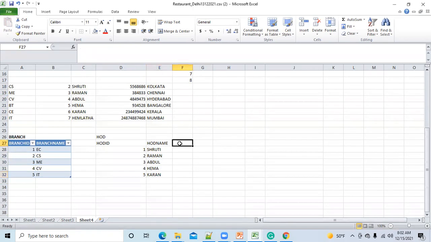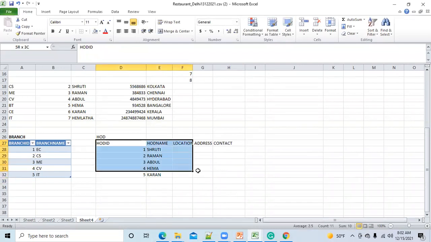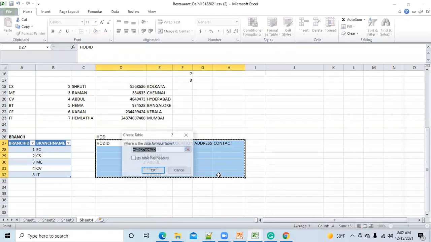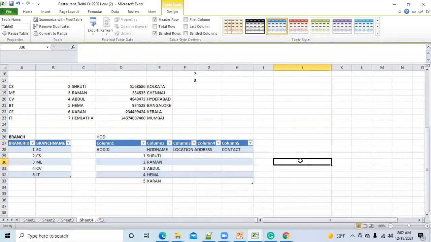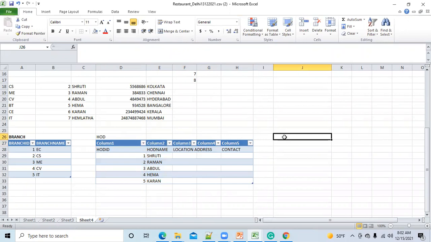And maybe I can take their location, address, contact. I can give the location, whatever it may be, address and contact. And then I can take semester. I can take those details and then I'll make a student table, Student, and I can get those details.